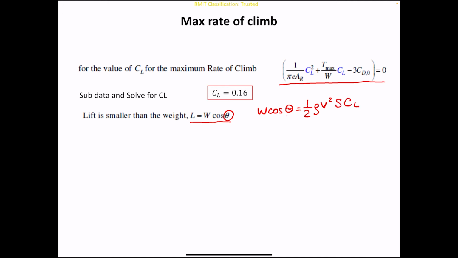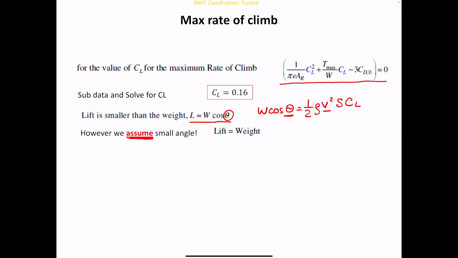You see, we don't know angle of climb and we don't know velocity. So we are going to assume that angle is small and lift is equal to weight. We remove unknown angle from the equation right now. It will come back later.